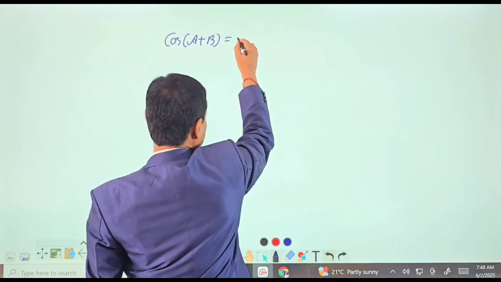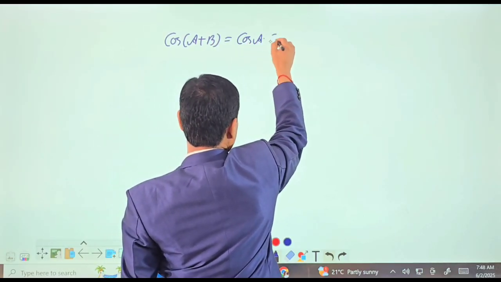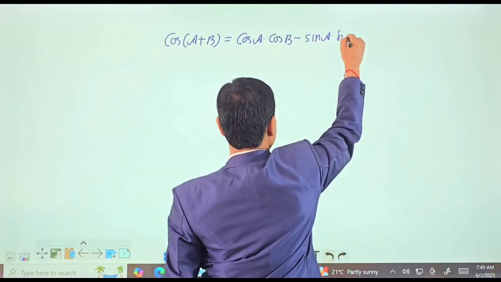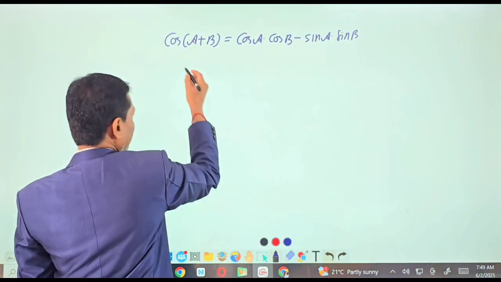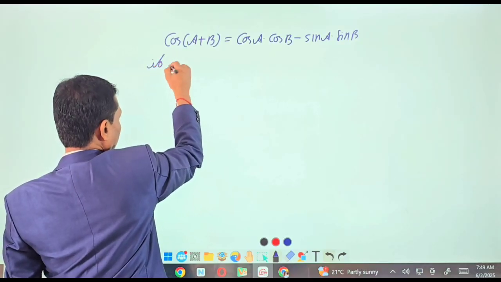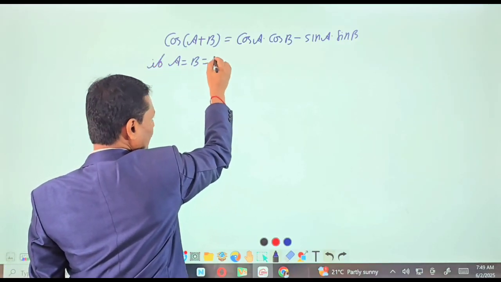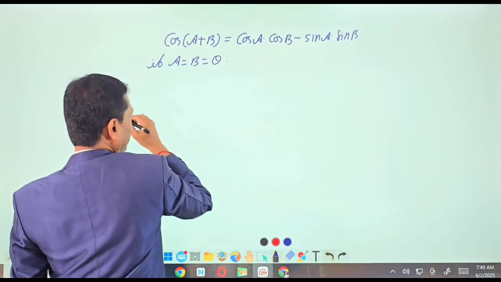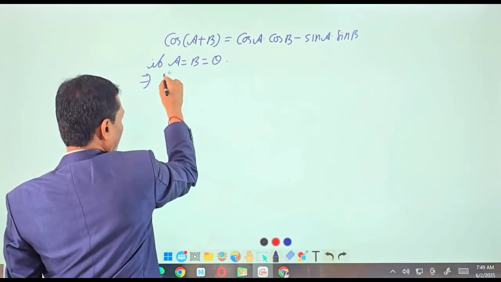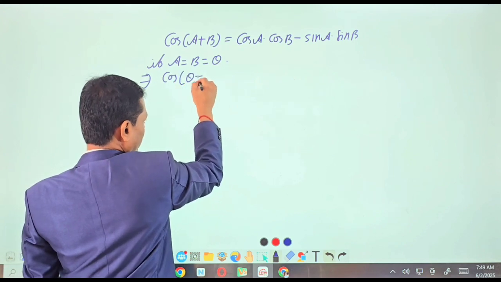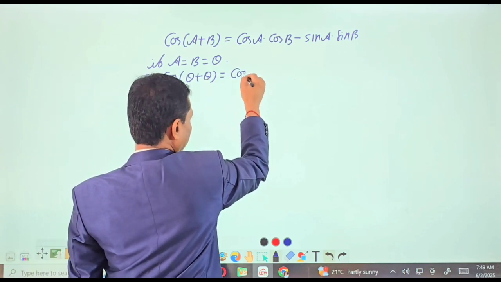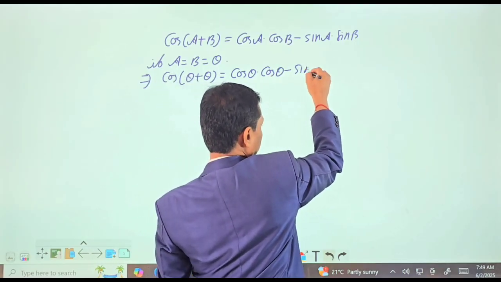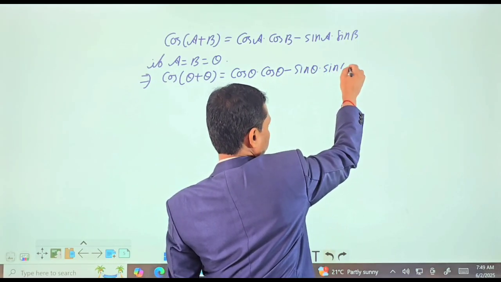The formula of cos a plus b is cos a dot cos b minus sin a dot sin b. Here also, in the same way, let both the angles be equal to theta, then we have cos theta plus theta equals cos theta dot cos theta minus sin theta dot sin theta, isn't it?